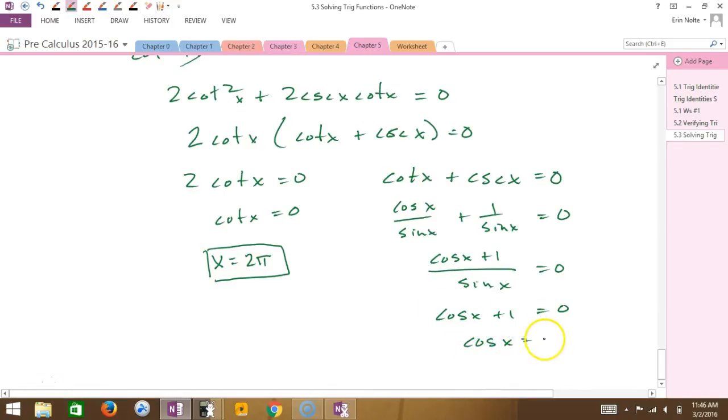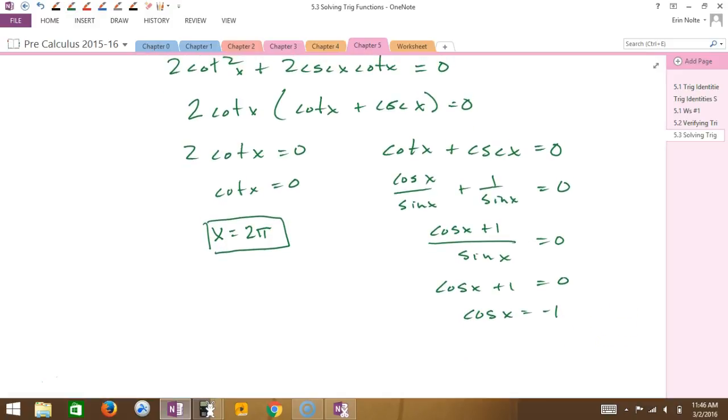equals 0. Cosine of x equals negative 1. So where is the x negative 1? Pi. And then you have to think about what makes that 0. So sine, the y, is 0 at pi over 2, right?